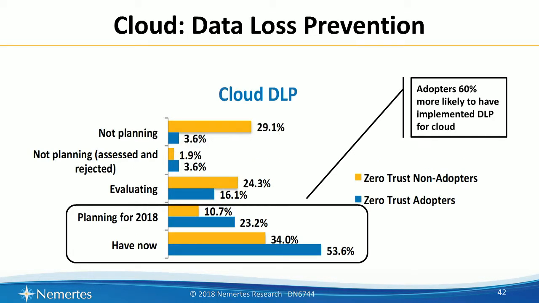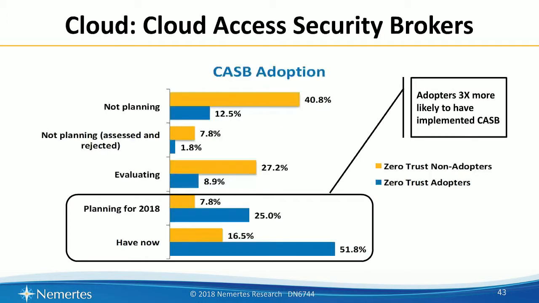And looking outside the walls of the organization, we see folks that are doing zero trust being 60% more likely to also have implemented data leak prevention systems around their use of cloud. This is not common overall, and the folks doing zero trust are much likelier than everybody else to be doing it.